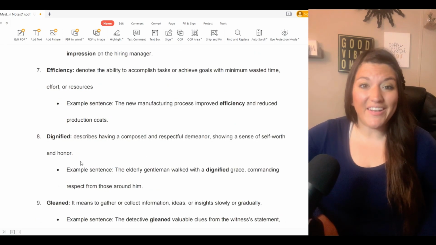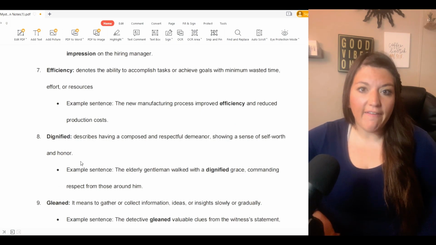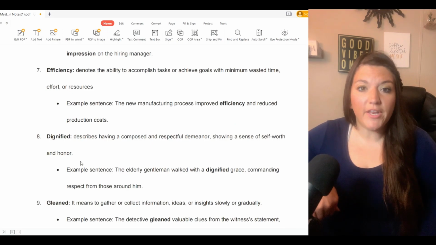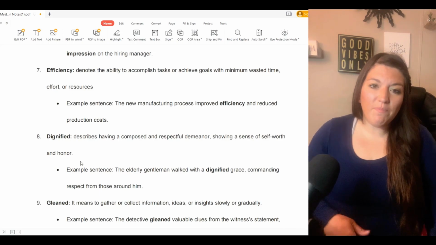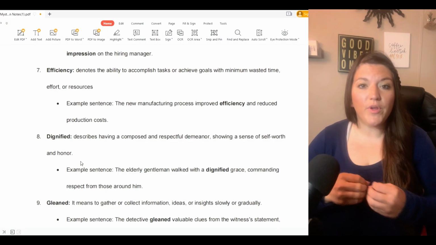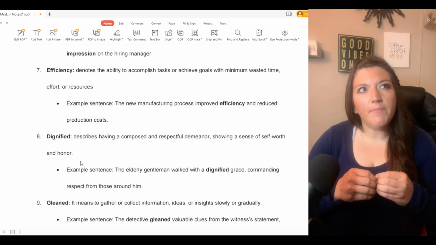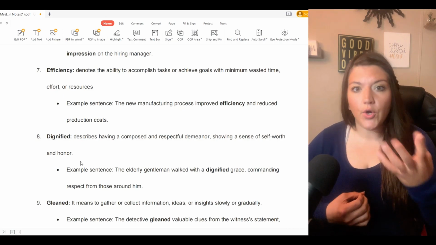Number 7, efficiency. This denotes the ability to accomplish tasks or achieve goals with minimum wasted effort or resources. The example here is the new manufacturing process improved efficiency and reduced production costs. So if we become more efficient, then we are doing more with less. Basically, let's say that I'm becoming more efficient at a task, any task, learning English or anything.